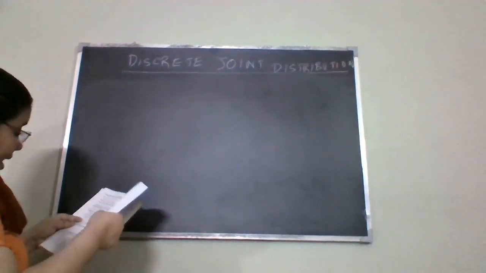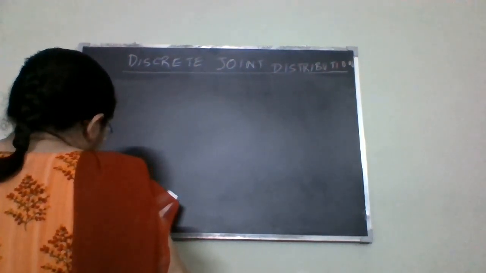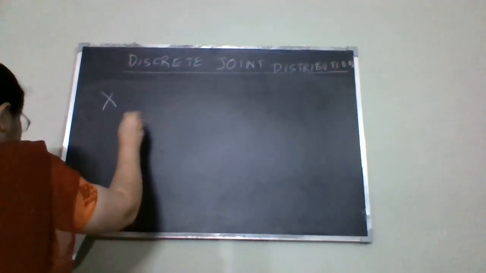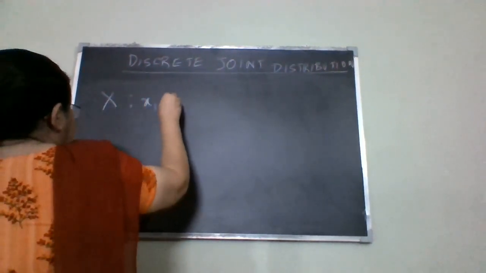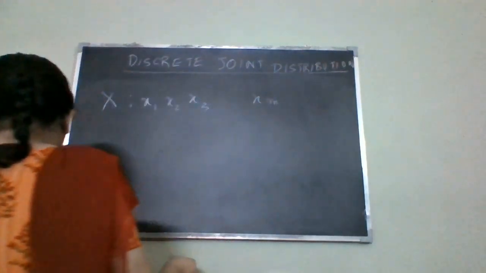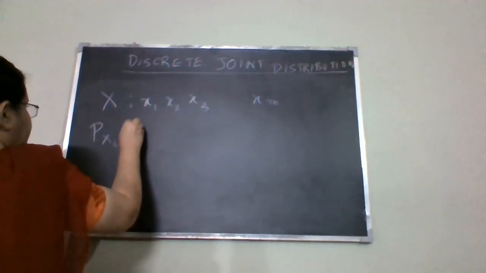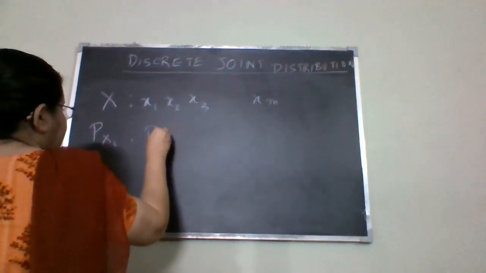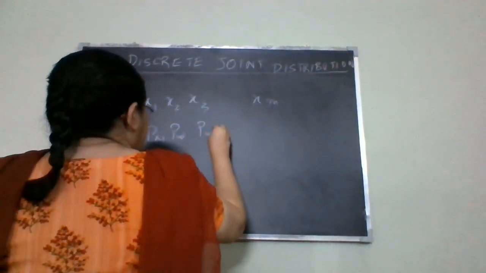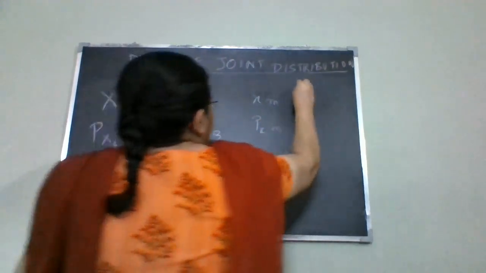The distribution of X is x1, x2, x3, ..., xn with probabilities p_x1, p_x2, p_x3, ..., p_xm, and the total is 1.